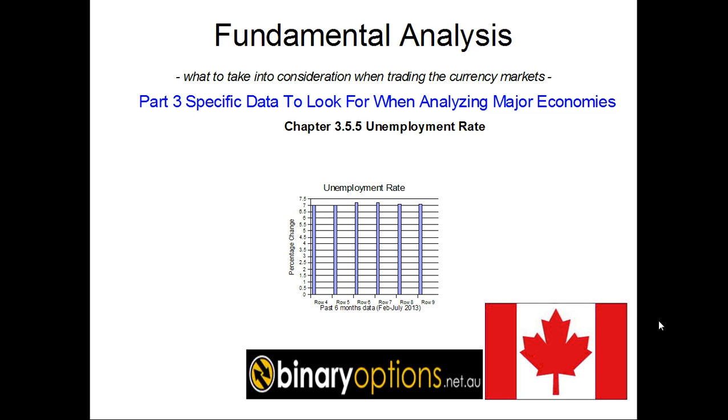Now looking at the past 6 months worth of data, starting with February 2013 and until July 2013, what you are seeing here is the unemployment rate in Canada around 7%, actually traveling between 7 and 7.5%, which is quite a good unemployment rate considering the levels we are having all over the world. 7.6 in the United States, so somehow similar but better in Canada.